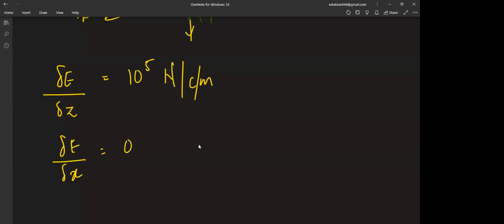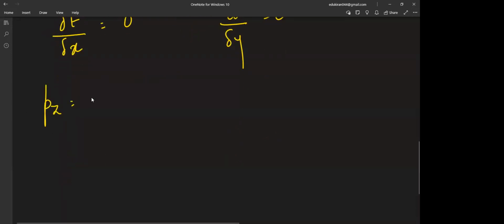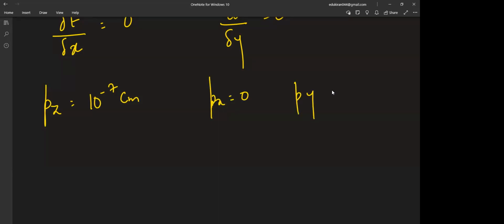Whenever you take the electric field change along the x axis or y axis, it is equal to 0, because there is no change across. So no change is there, right? And one more thing regarding the dipole moment, the same thing. The dipole moment along the z axis is 10 to the power minus 7 coulomb meter, but the dipole moment along the x axis is 0 and along the y axis is 0.